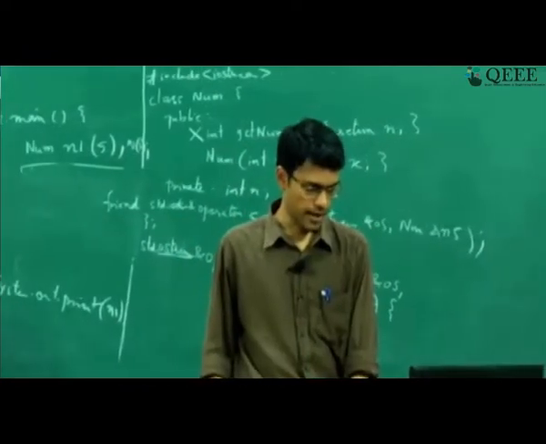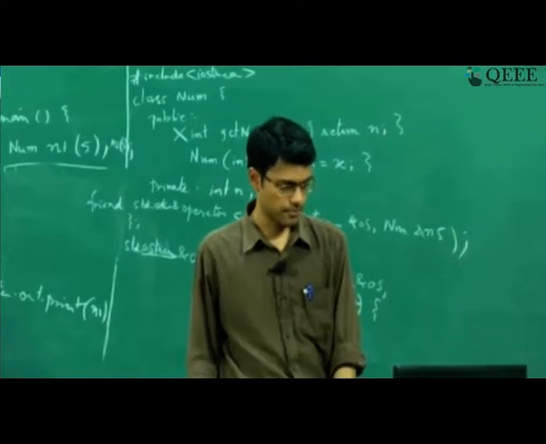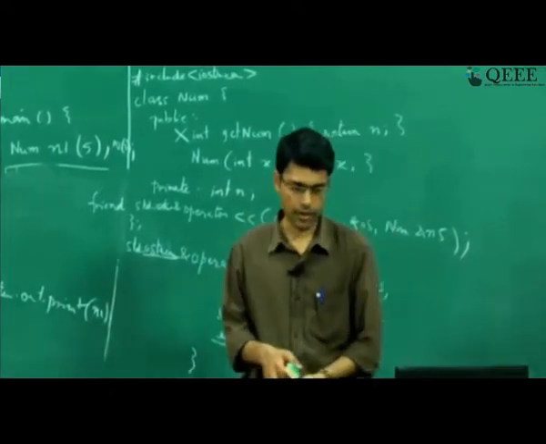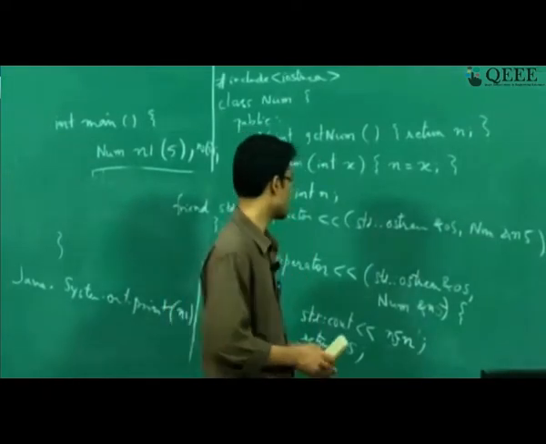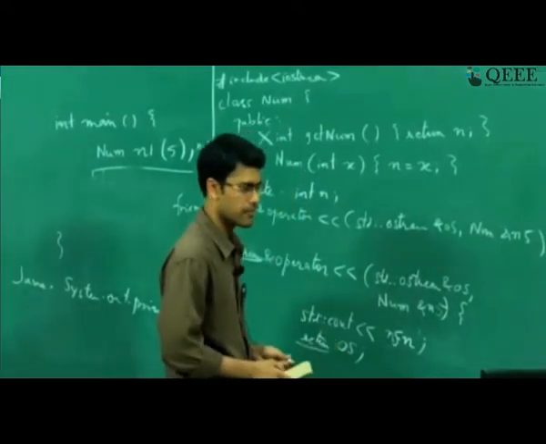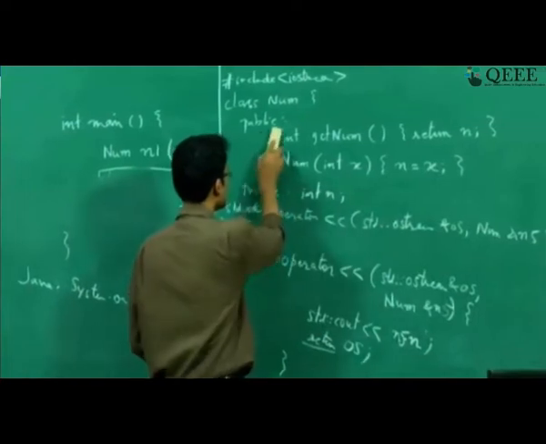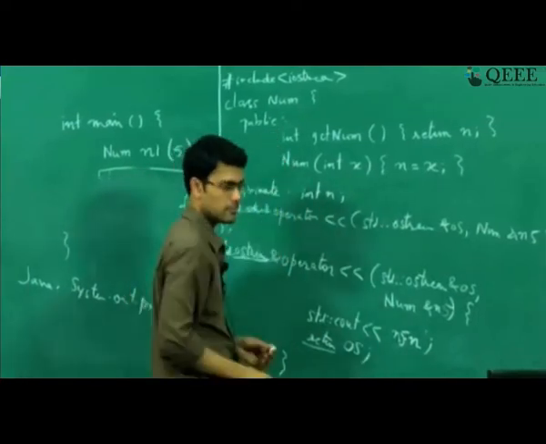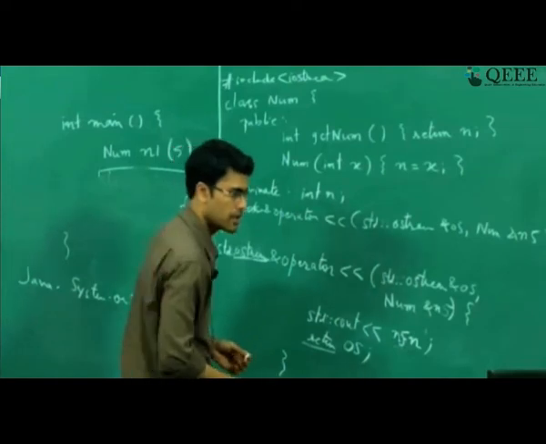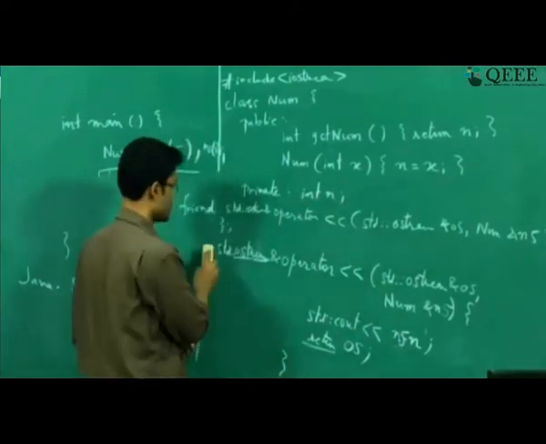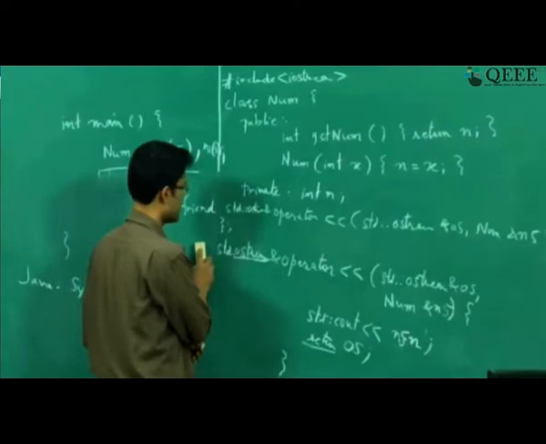So I'm moving ahead to, for example, overloading of plus outside the class. So let me modify this example. So we have getNum here, and then there is a constructor, there is a private variable, and then I'm going to define an operator plus.